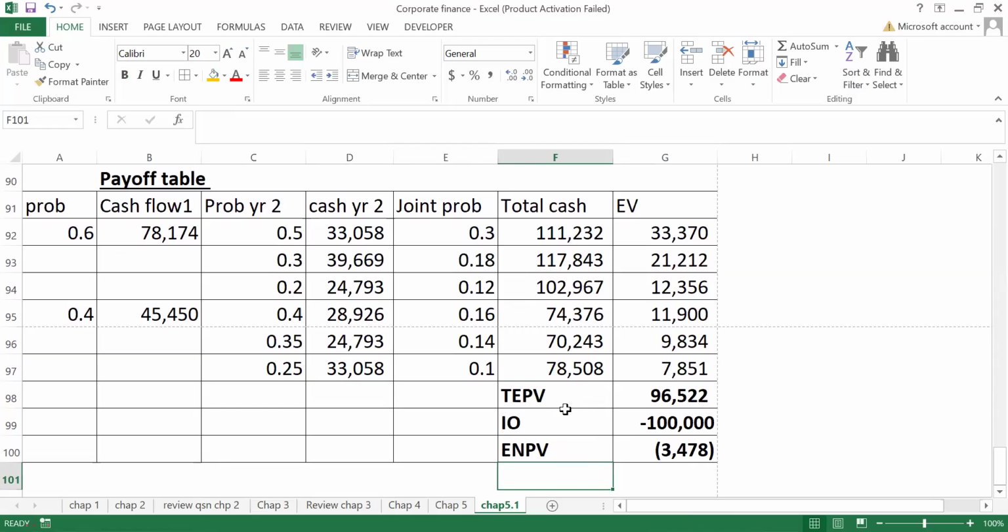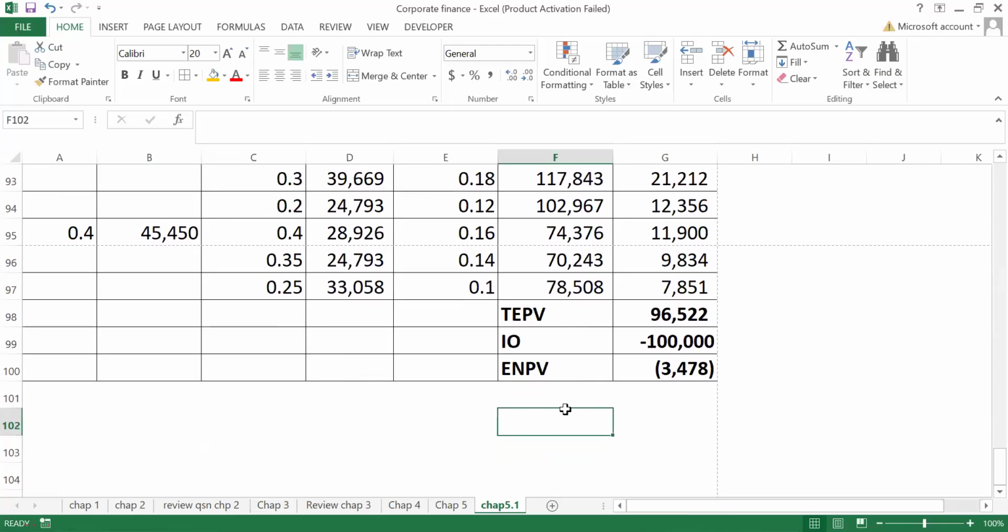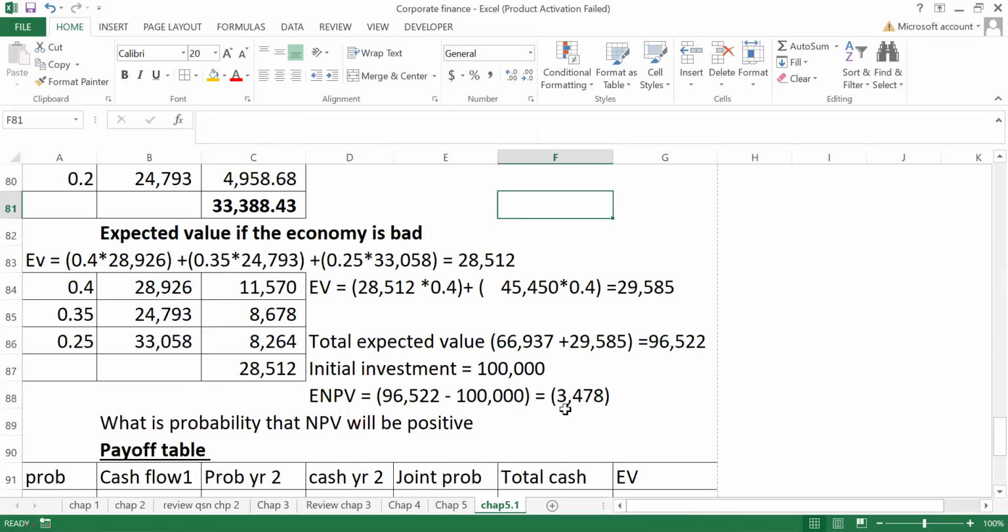So that is a probability, how to use probability to determine the value. Now, we can go to the next part where we have to use the certainty equivalent factor.